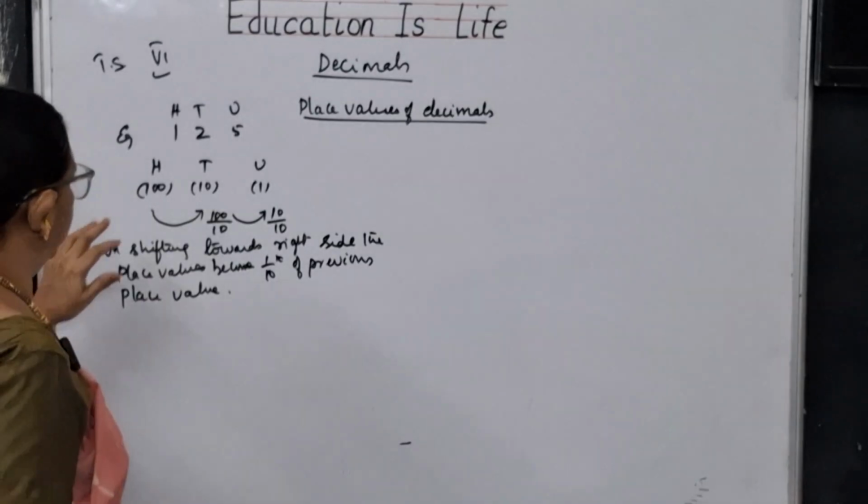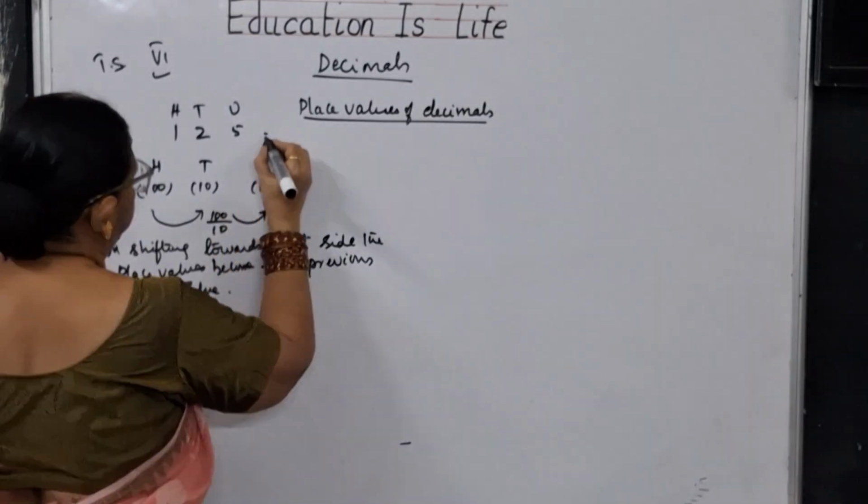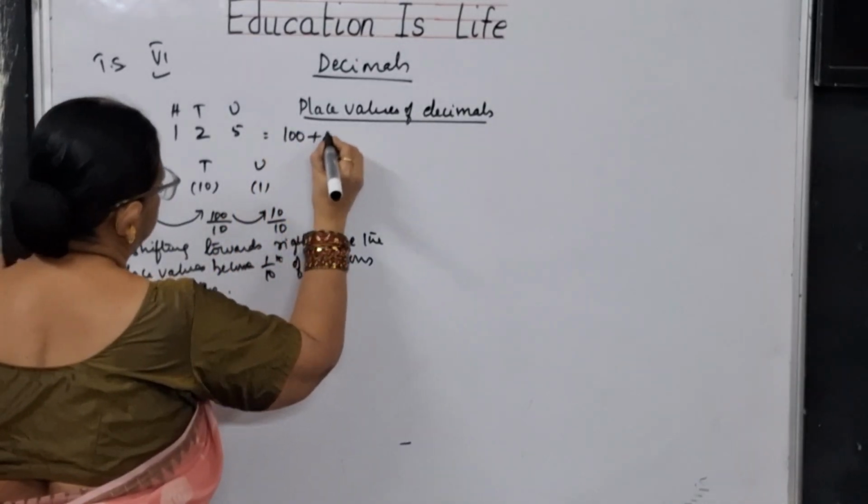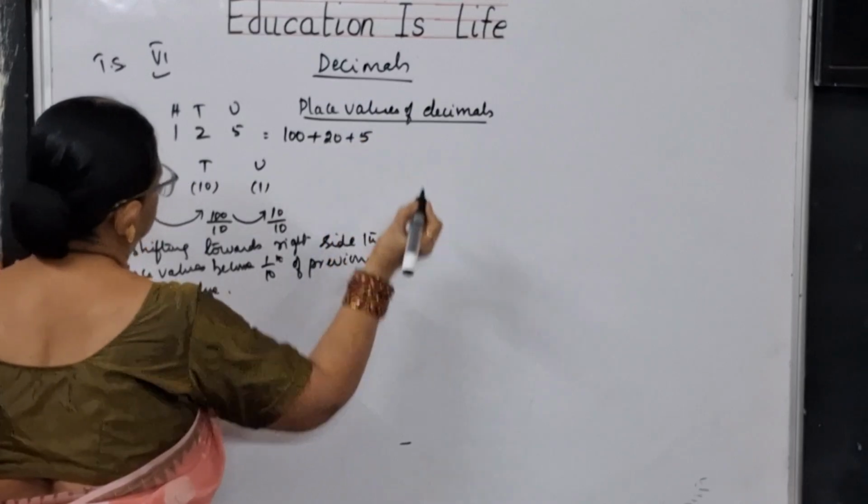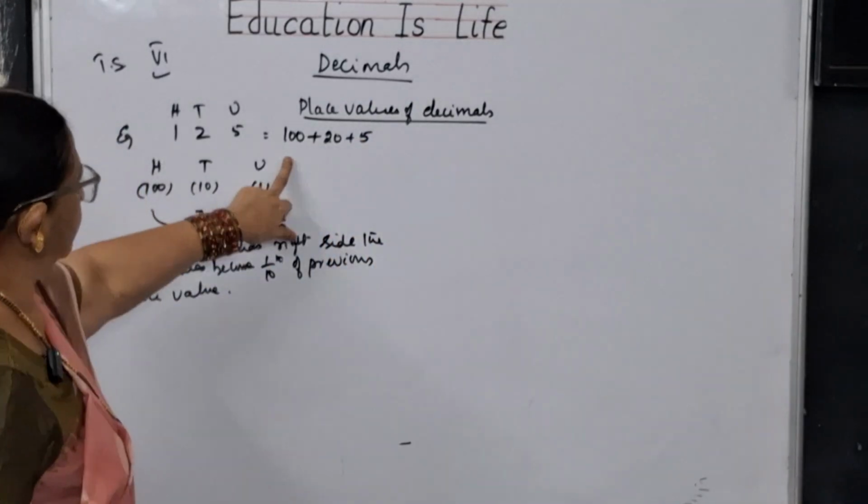This is the thing, children. Here 125, you will write as 100 plus 20 plus 5. This is the expansion. This is 100.